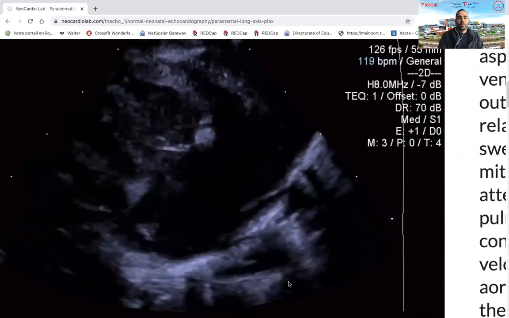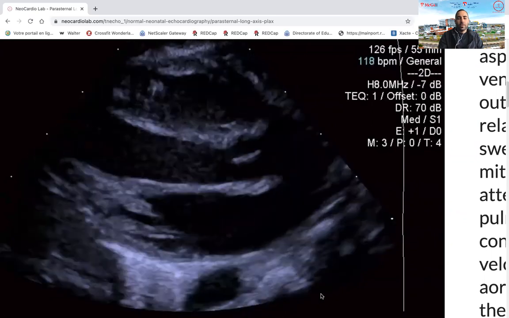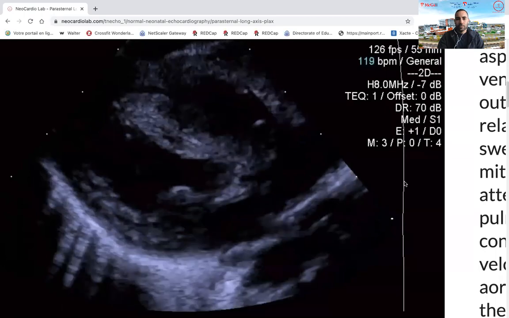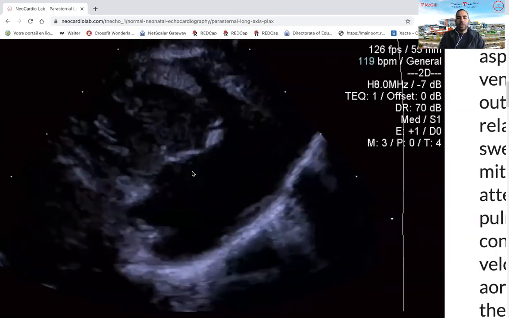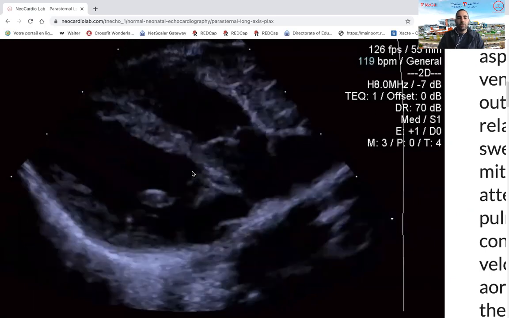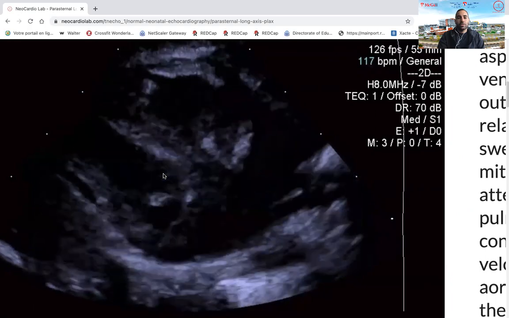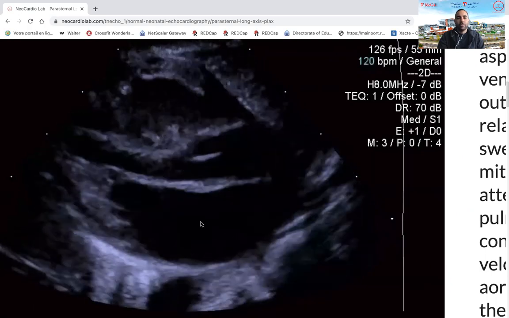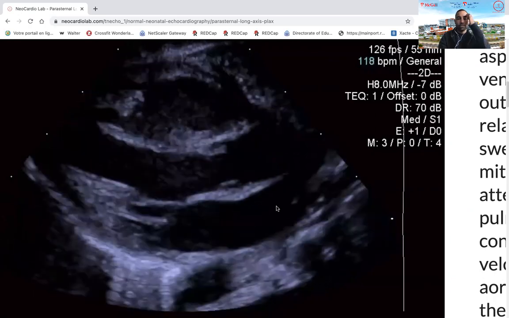So you can see here that we're going from initially a posterior view, then middle, and then anterior. In the posterior view, we can see the tricuspid valve in the right atrium, and eventually we get to the RV outflow tract and pulmonary valve.